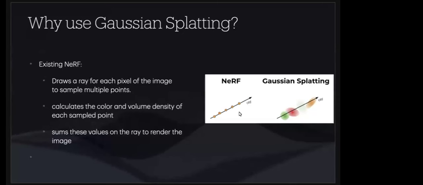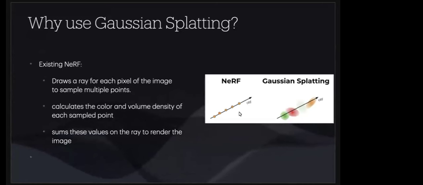What NeRF does is it will start drawing a ray for each pixel of the image, sampling multiple points, and it will calculate the colors and the volume density of each sample point.